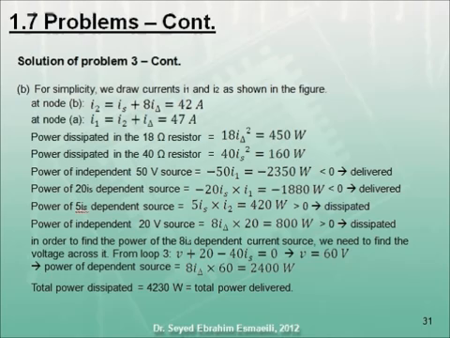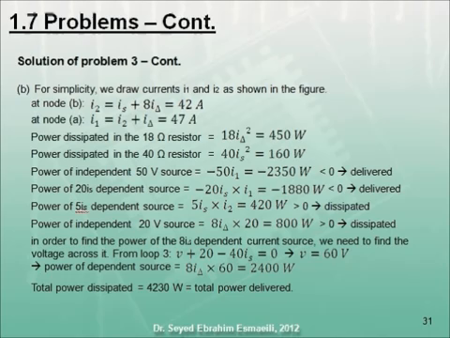The power dissipated in the 18 ohm resistor is equal to 18 I delta squared, which equals 450 watts. The power dissipated in the 40 ohm resistor is equal to 40 IS squared, which equals 160 watts.